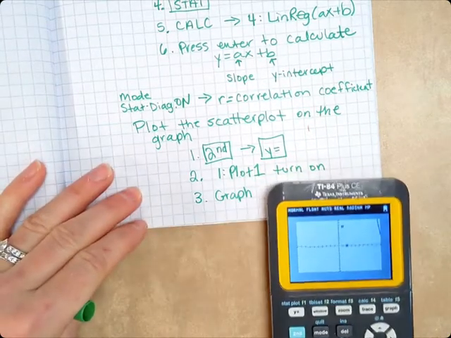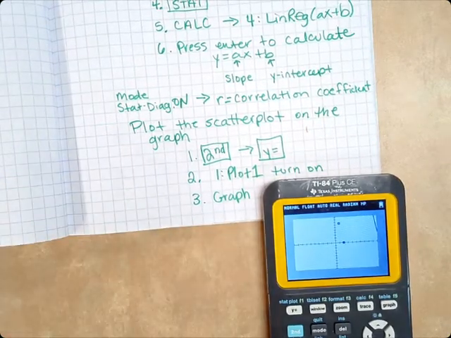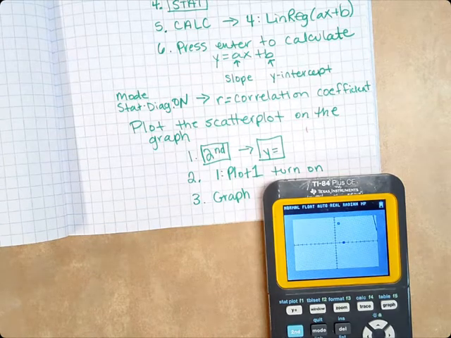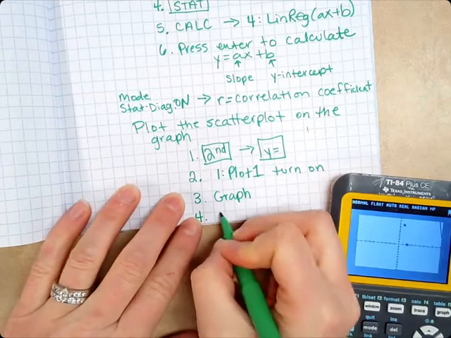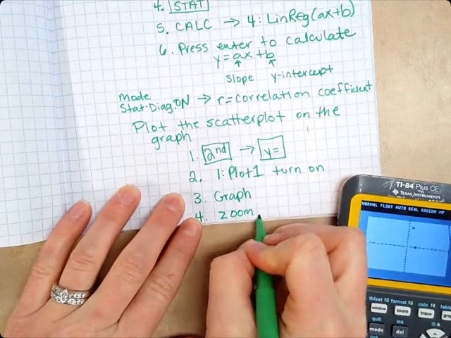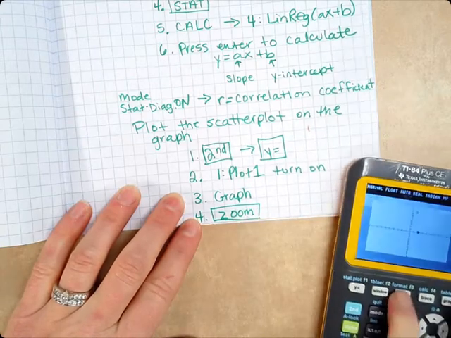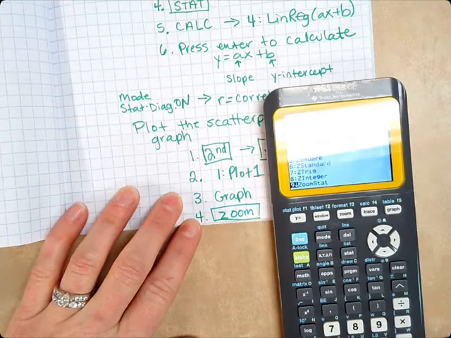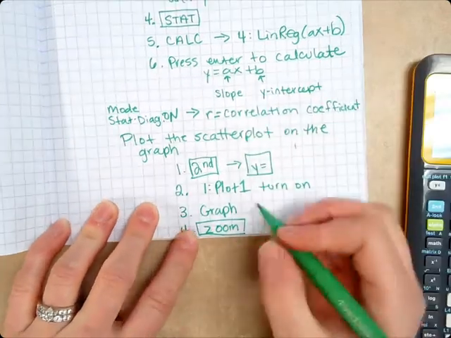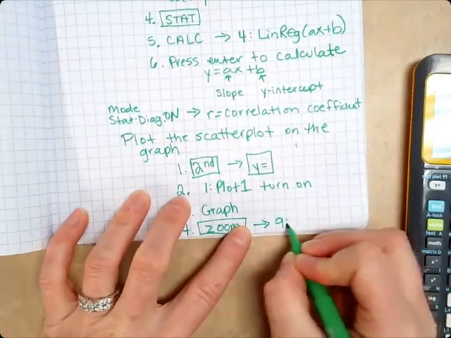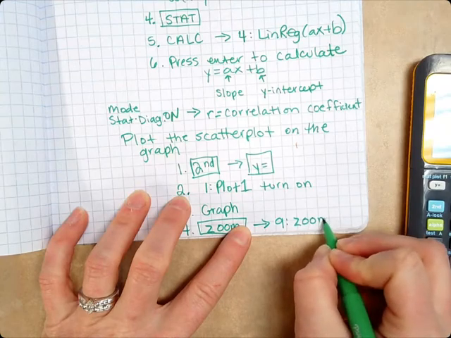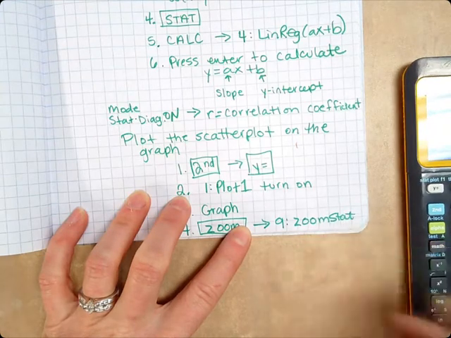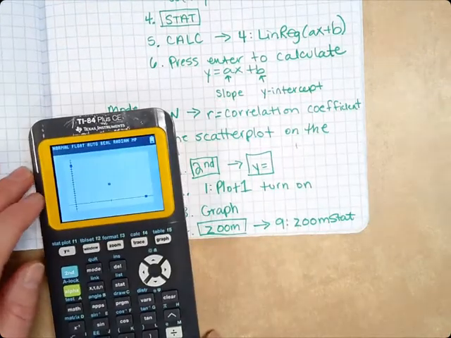But if I can't see all of my points, what do I have to do now? Zoom, but there's a special one. 9. Zoom, which one? 9, yeah. Zoom stat. And now I can see my points on there.